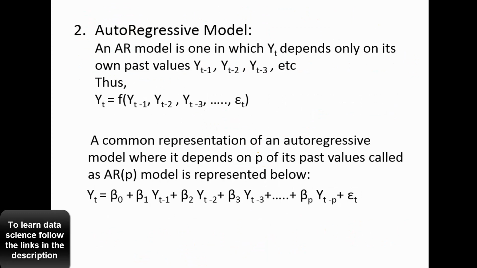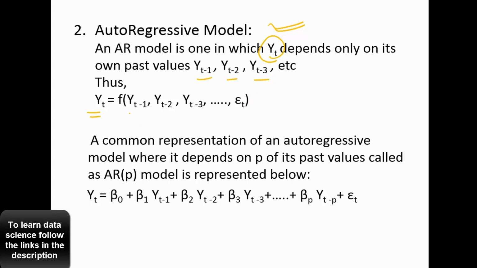So if the series is not white noise, then you can go for time series modeling. And what are the models available? We'll start with autoregressive models. Autoregressive models are the models where the forecasting is done based on the past values. So if yt is the current value, yt minus 1, yt minus 2, yt minus 3 are past values.